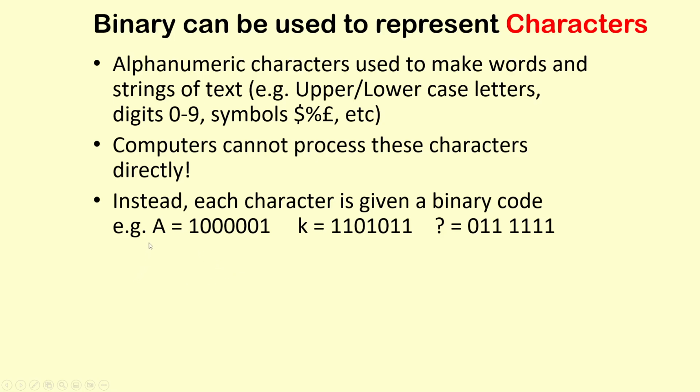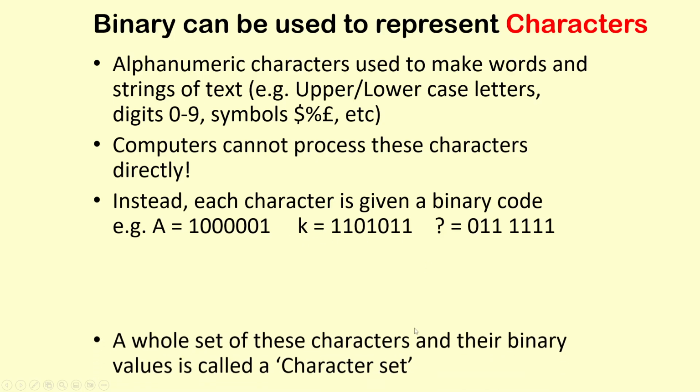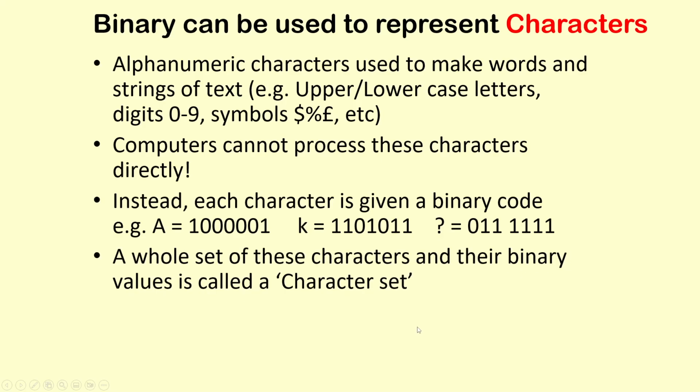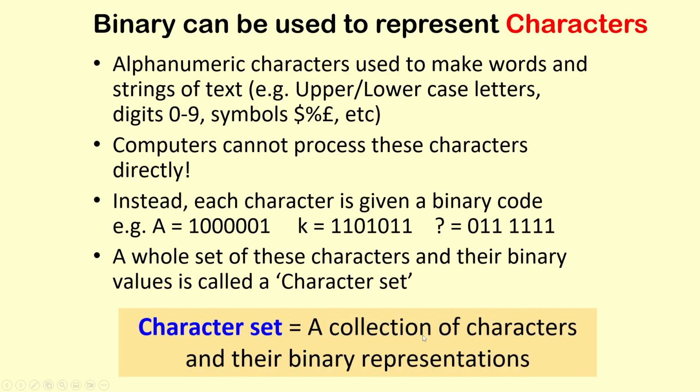For example, capital A can be stored as 100001, lowercase k could be something else, etc. Okay? A whole set of these characters and their binary values is called a character set. So a character set is a collection of characters and their binary representations, the binary numbers that represent those characters.